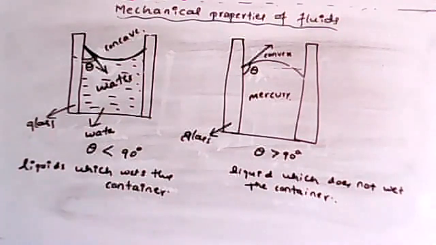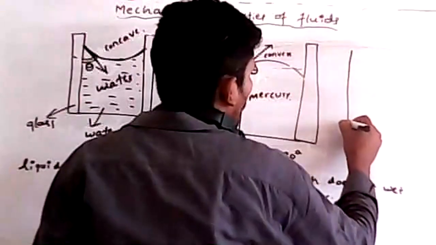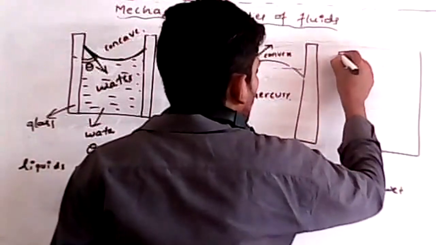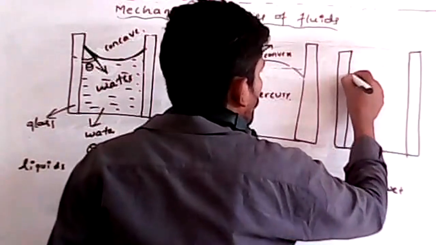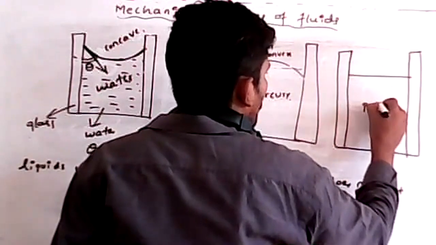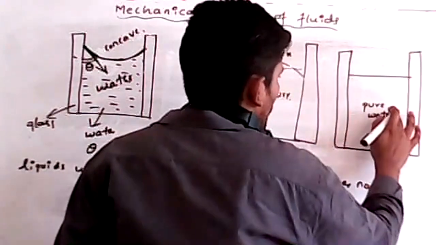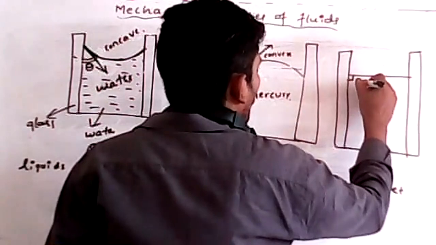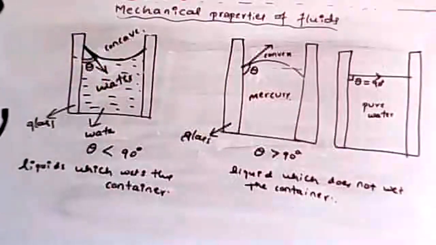If we use pure water, then what will happen? Students, remember, if I use pure water, meaning distilled water, there will be no inconvenience. Then the angle of contact will be 90 degrees.